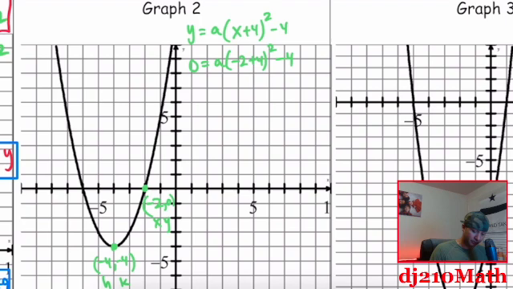Negative 2 plus 4 is positive 2, squared. So 0 is equal to a times 2 squared minus 4. I'm going to write it in front: 0 is equal to 4a minus 4. Add 4, add 4. So a is equal to 1. Why 1? Because when you divide both sides by 4, a is equal to 1. Right, this is your a.